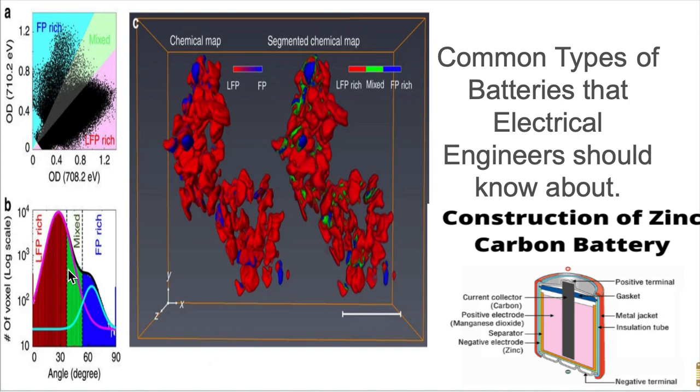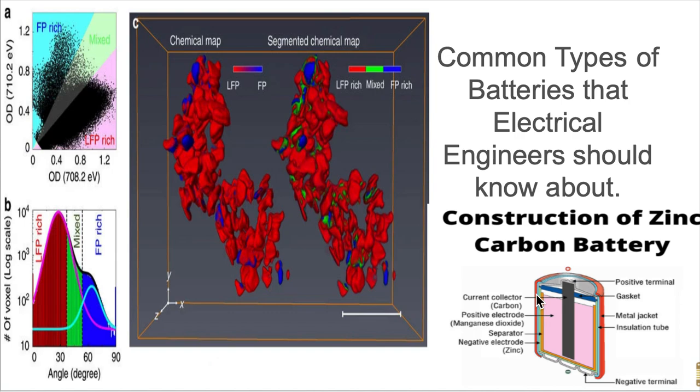Here on the x-axis, it says the angles in degrees, and on the y-axis, there's the number of voxels on a logarithmic scale. And here it has different parts of the graph mentioned, like LFP rich, FP rich, and a mix of both LFP rich and FP rich.